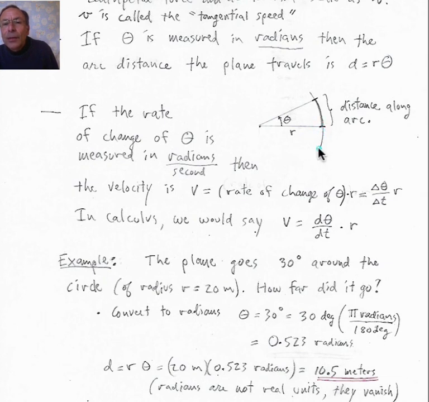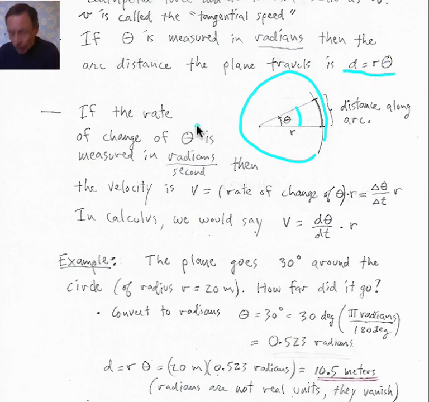So here's the plane going around in a circle, going around and around. Let's say we're just talking about the time it took to go from here to here. How far did it actually travel? The formula is that the arc distance it traveled is the radius times the angle. So that's real simple.